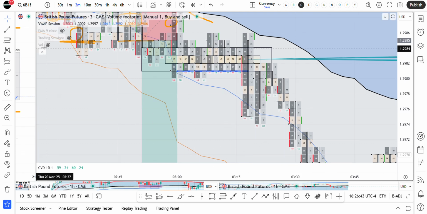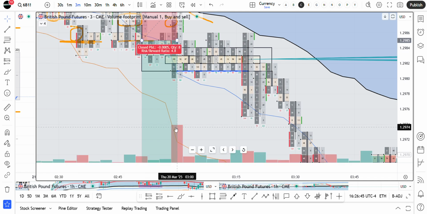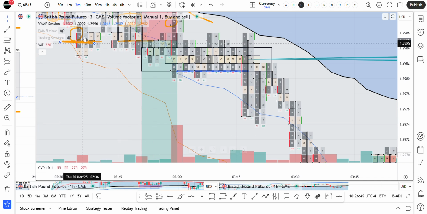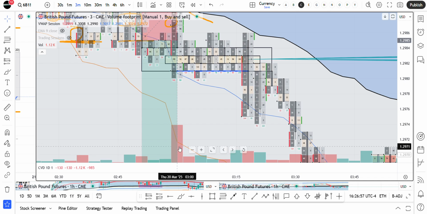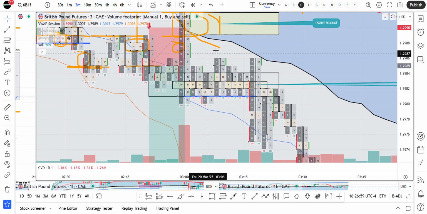And I'll bring up a volume indicator and I'll show you this. So in that time, I'm looking up here at this volume number, 70, so that's 200 cumulative. Kind of excluding this because half of that candle is outside the consolidation.